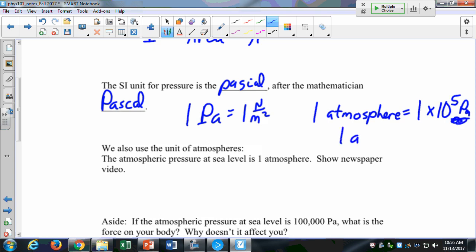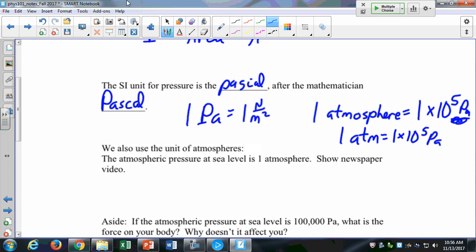This is abbreviated ATM. This is on your equation sheet, but you'll need to use it on the test, so make sure you're aware that it's there. This is the SI unit. You can never go wrong converting to SI units. But often I'll ask for the value in atmospheres, because that's the more common unit that we use.